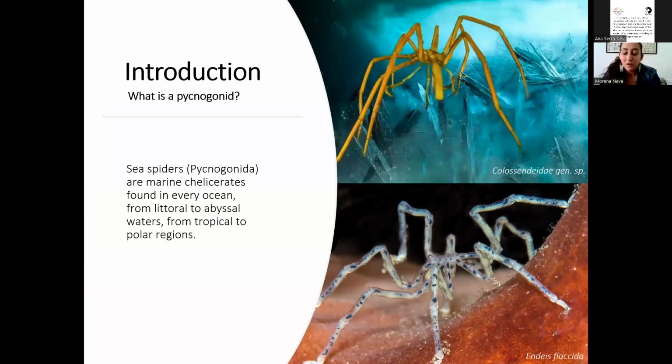So the common name, as I said, is sea spiders, and they are pycnogonids, and they are marine chelicerates that live in the water of all the oceans. They can be found from cold water, warm water, abyssal, and littoral waters as well.